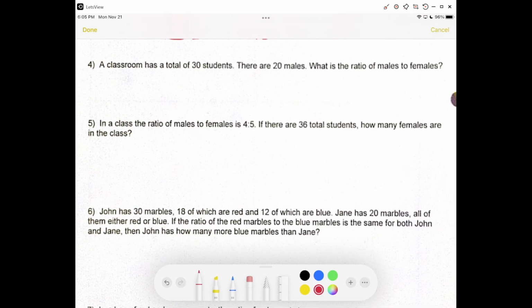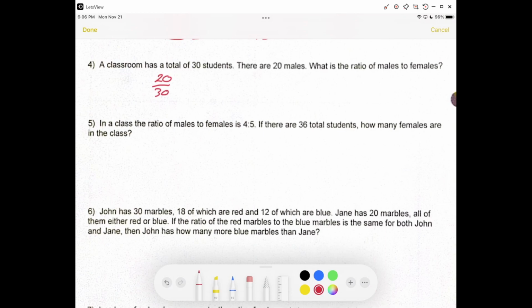A classroom has a total of 30 students. There are 20 males. What is the ratio of males to females? So we know that the total is 30, right? And there we have 20 males.